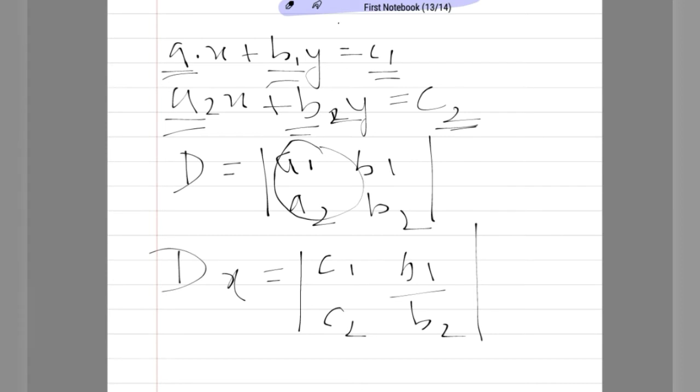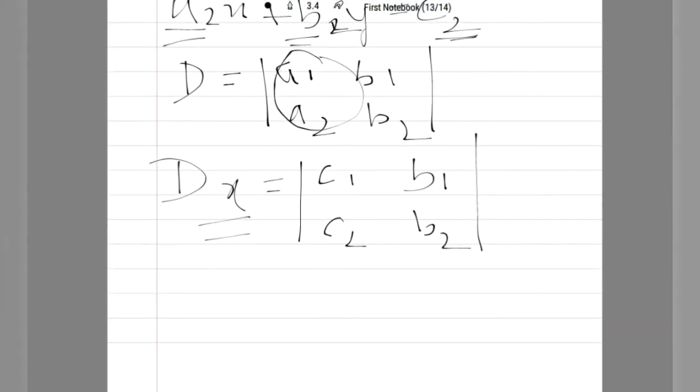We have to just replace the coefficients of x, because we have to find the value of x, remember it like this, that is b1 and b2.